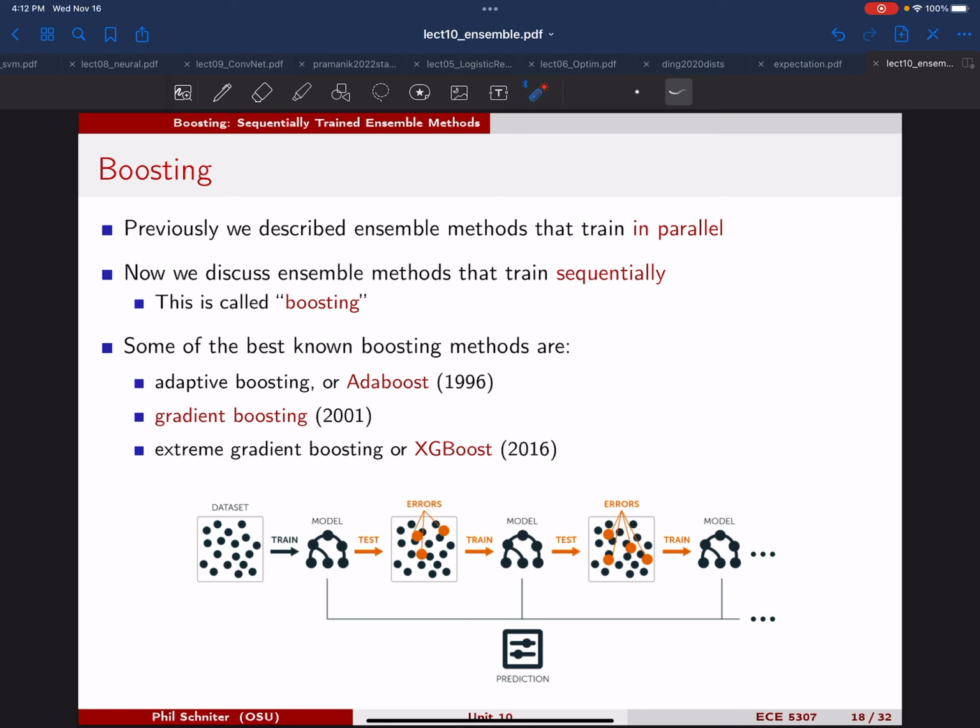And then you train another tree that basically, you do something like weighting the samples that were in error here. You weight them stronger when you design this tree so that this one is going to do better than the first one, at least on those samples. Maybe it does worse on some other ones. And you keep doing this. And so you train sequentially these different models.